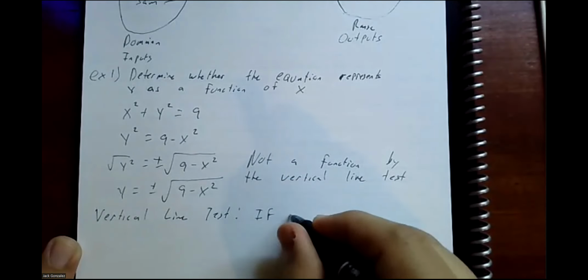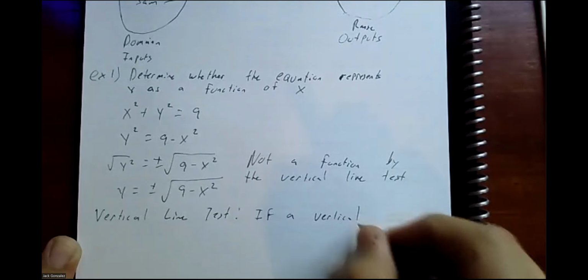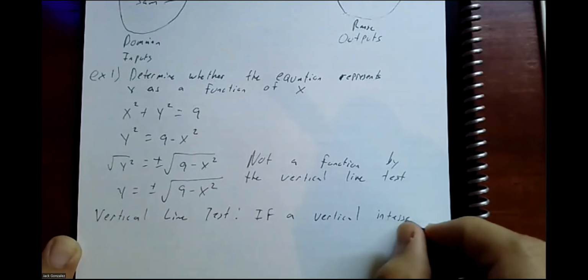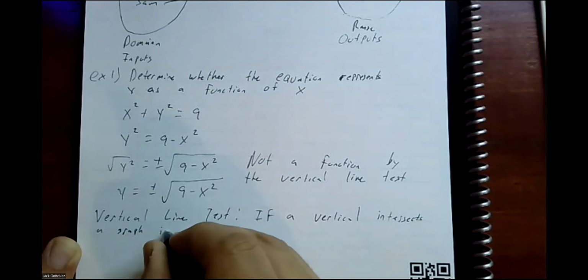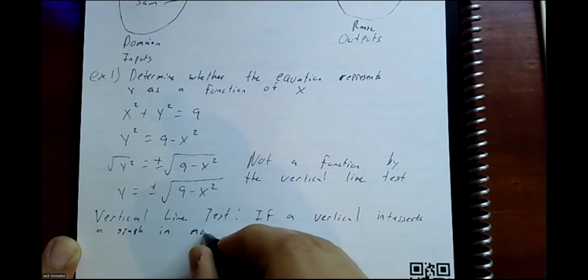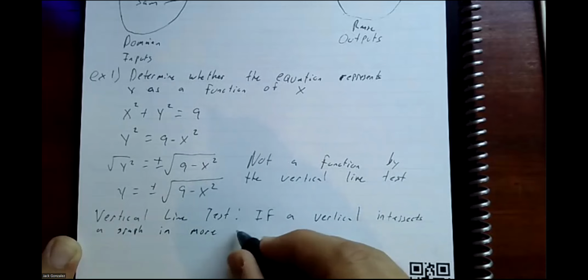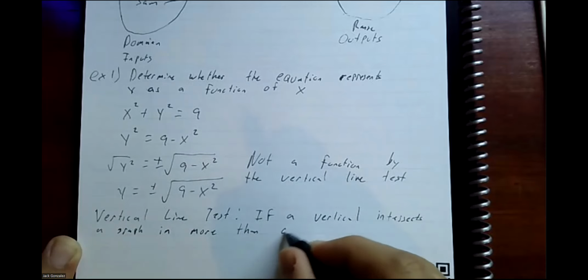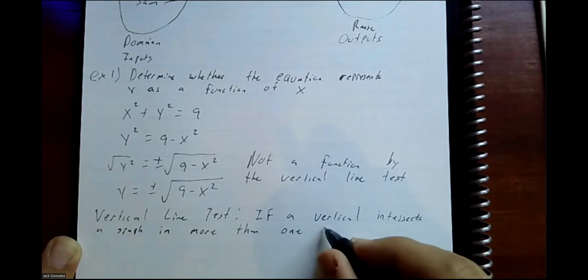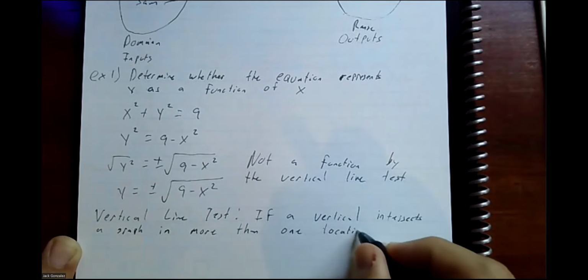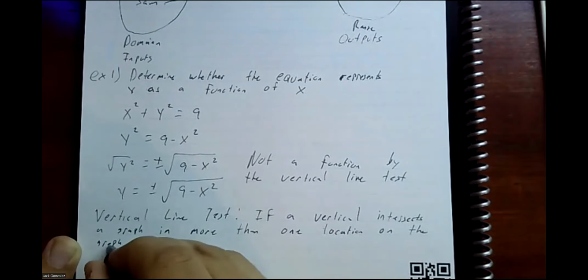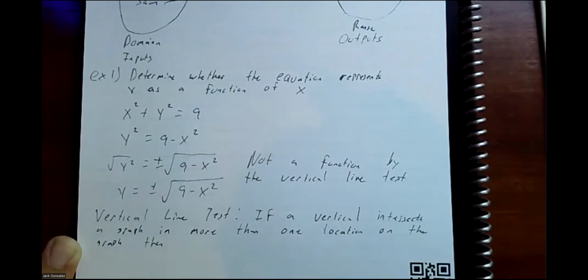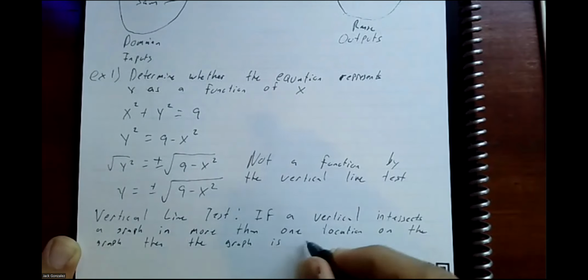So if a vertical line intersects a graph in more than one location on the graph, then the graph is not a function.